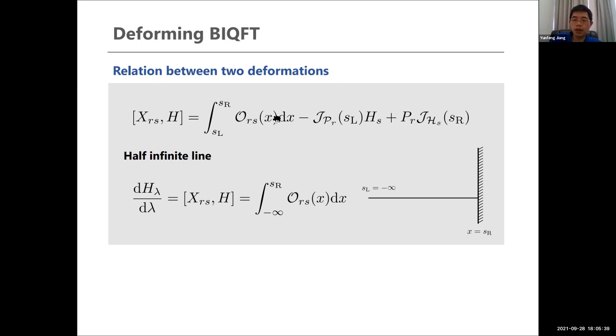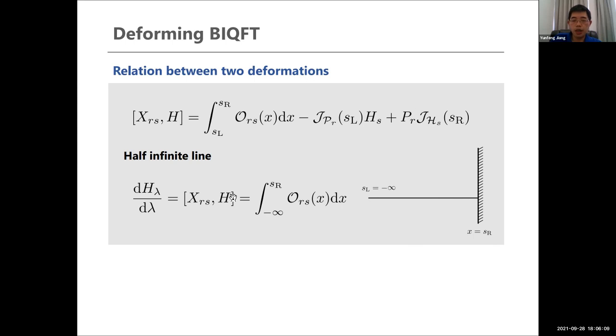For the boundary case, say we place the boundary on the right. Then we can push S_L to infinity, and we can forget about this term. On the other hand, since the even charge is preserved, there cannot be a non-zero flow of this current at the boundary, so we can also forget about this term.